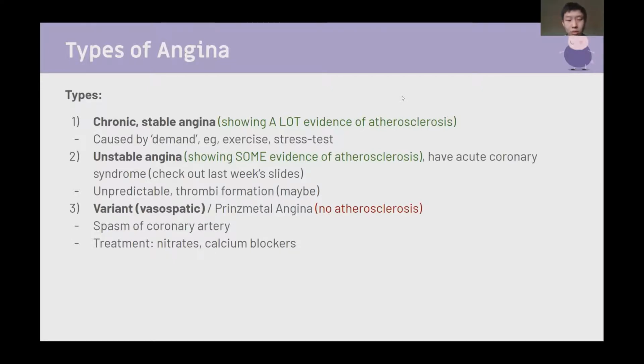But it could also be that you get just a thrombus forming, and that's completely blocking a vessel. So I think that might be what it means, that it could be atherosclerosis, or it could just be an unpredictable blood clot. I think that would be my guess.